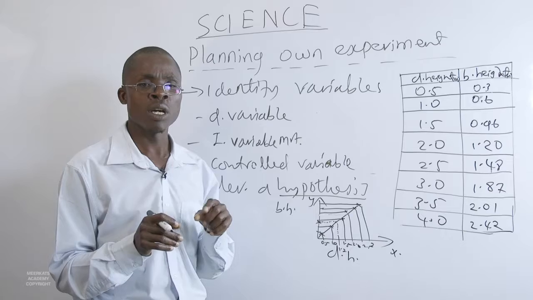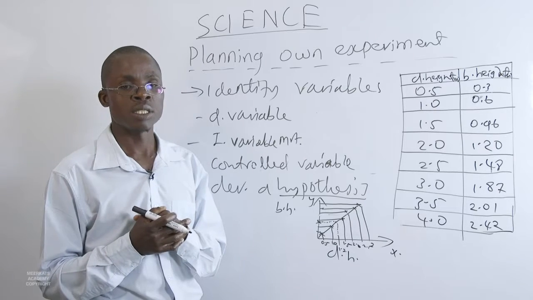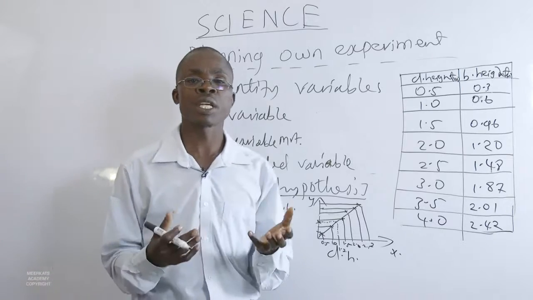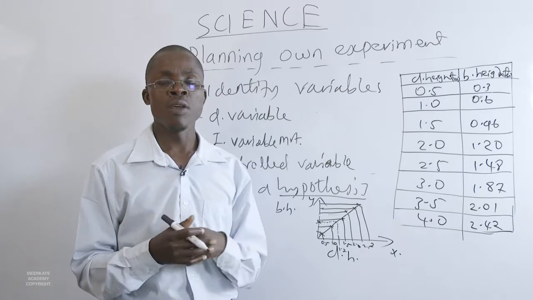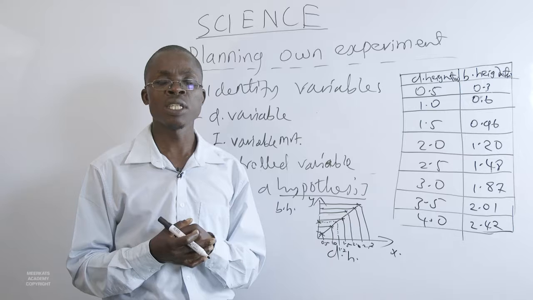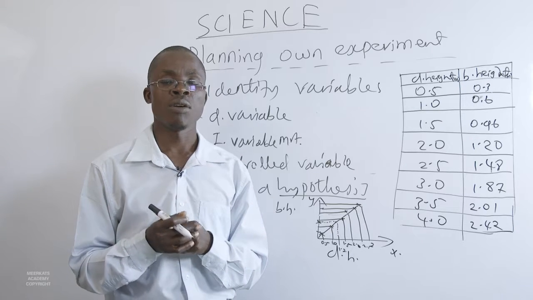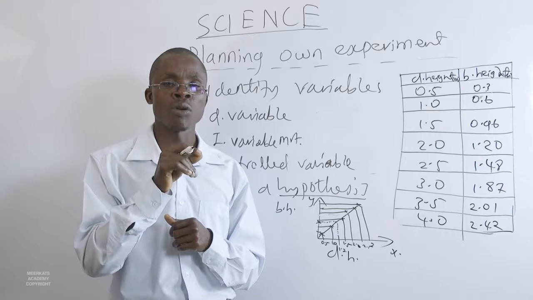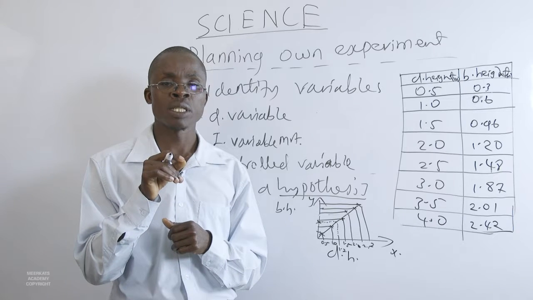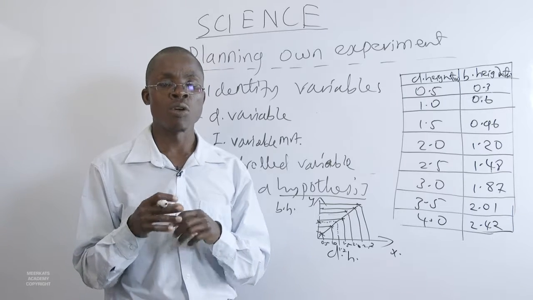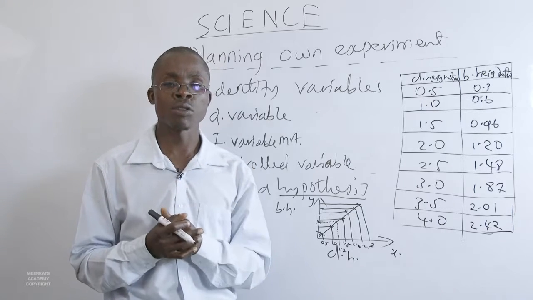Does this conclusion have the aim in it? What was the aim? The aim was to investigate the effect of variation in the dropping height of a tennis ball on its bouncing height. Is that content in our conclusion?